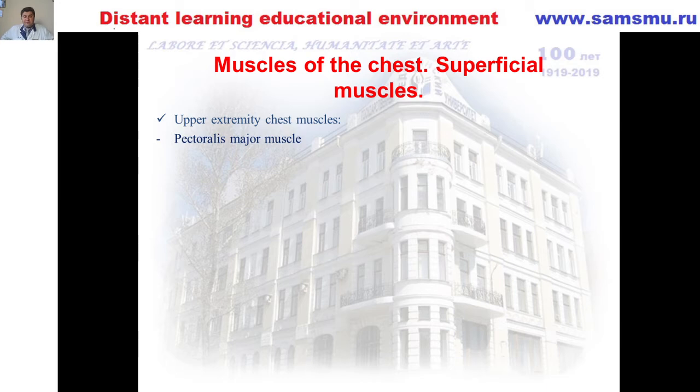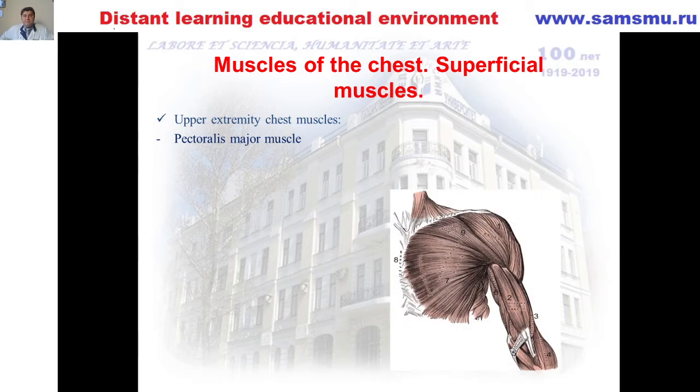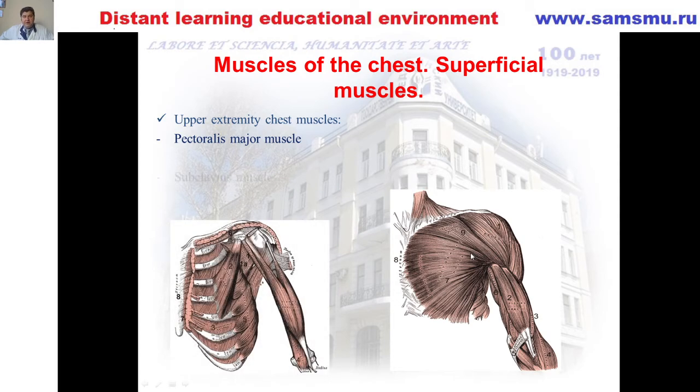Chest muscles related to the upper limb. They are musculus pectoralis major, pectoralis major muscle. You may see this muscle on this picture. And also you may see the pectoralis minor muscle, number 2, on this picture. These two muscles, musculus pectoralis major and musculus pectoralis minor, are truncopetal muscles.